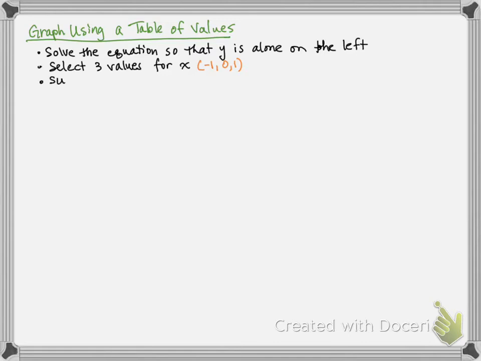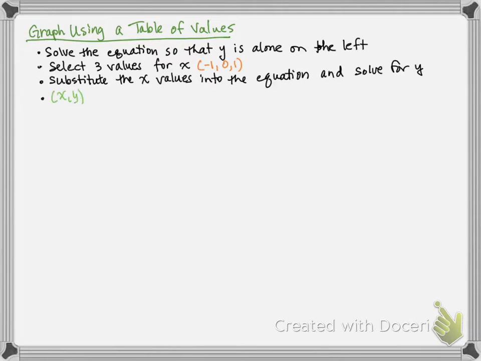Then you're going to substitute the x values into the equation, the one that we've rewritten so that the y is by itself, and solve for y. Okay, and then we'll have two coordinates that we'll put together to form an ordered pair.